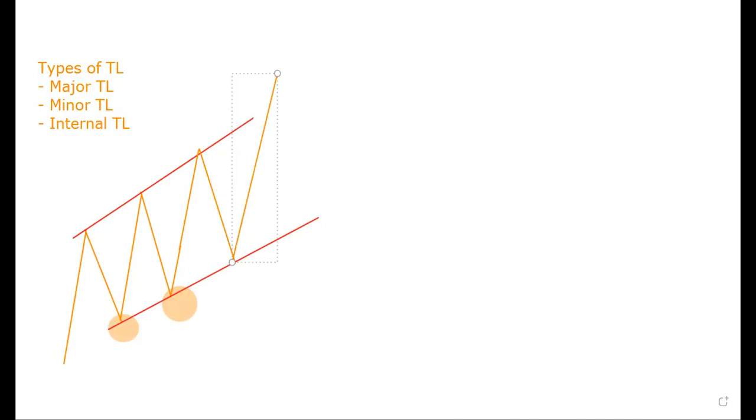All you need is 2 consecutive highs or lows. And it doesn't even matter how far apart they are, because the farther apart the trend lines are, the stronger they are. So you want to look for trend lines that are well spaced.